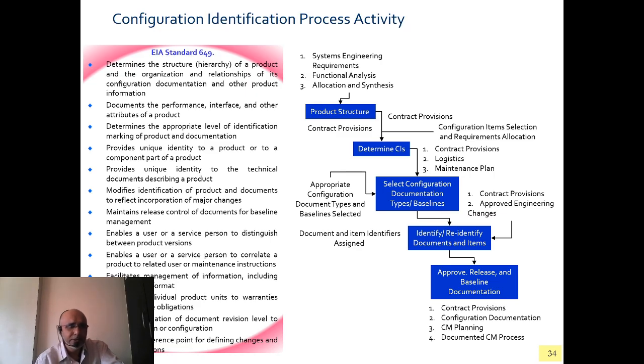And just see, apart from all the points that we have seen, a few new points we can see. It enables a user or service person to distinguish between two product versions. So a third party will be able to understand what exactly the software does.